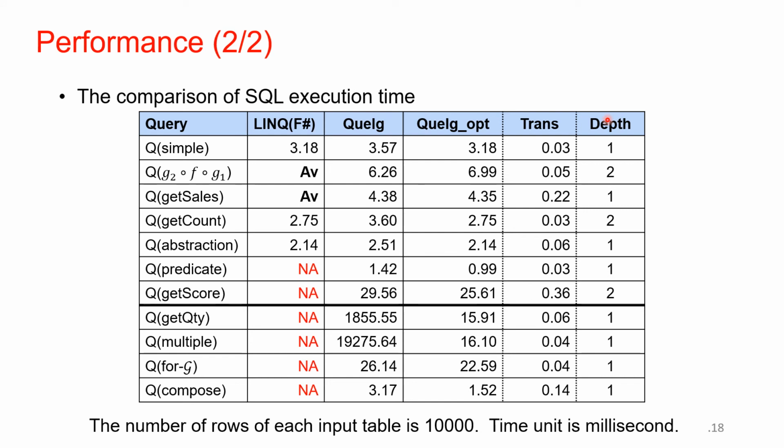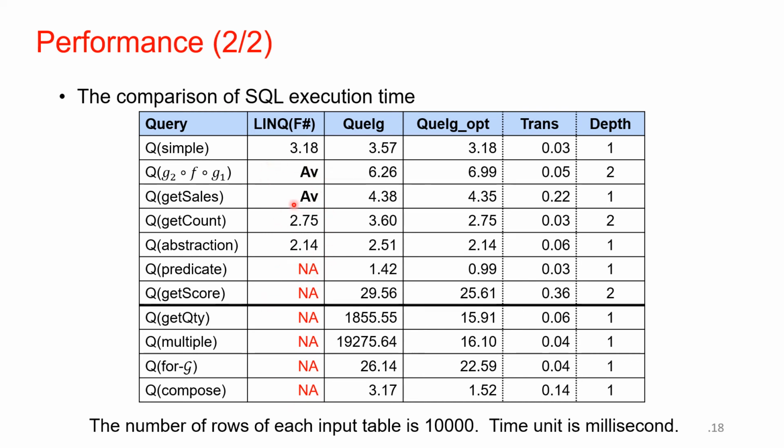Let's look at the table more closely. We notice that the translation time in the fifth column is negligible in all cases. Looking at the second column, Link failed to execute several queries.